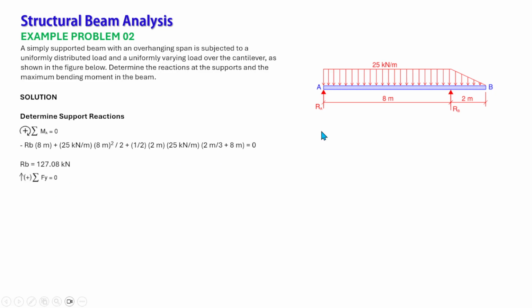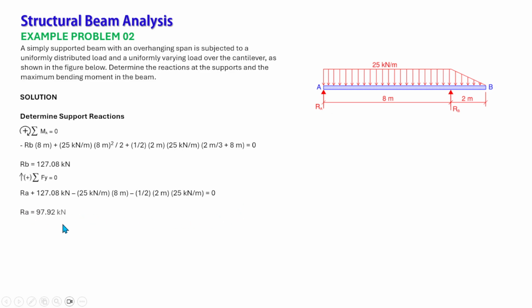So now, by summing up forces along Y, that is equal to RA plus 127.08 kilonewton, that is the reaction at B, minus the uniform load, which is 25 times 8, minus the uniformly varying load at the cantilever end, which is minus 1/2 times 2 times 25 kilonewton per meter, that is equal to 0.